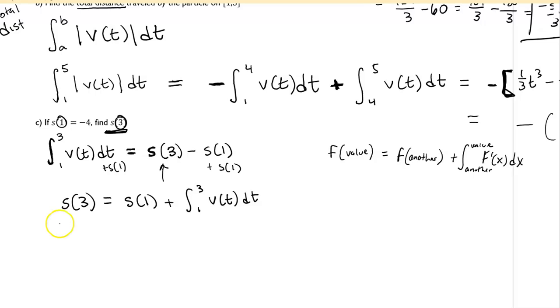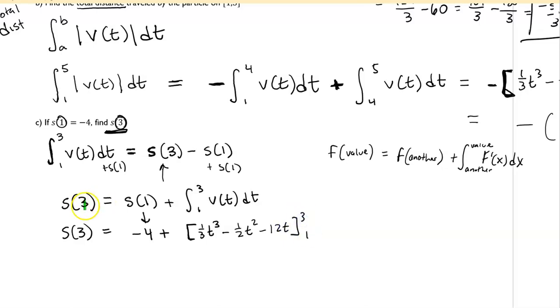But anyway, back to our problem. How are we going to find the value of s of 3? We need the value of s of 1, which happens to be -4, but now we have to actually integrate v of t, one more time, 1/3 t cubed minus 1/2 t squared minus 12t, this time from 3 to 1.